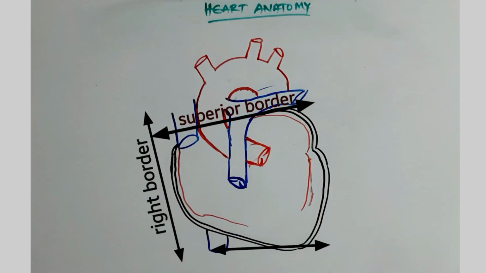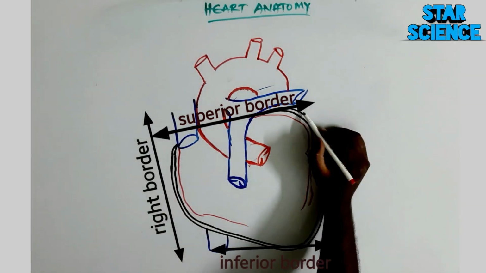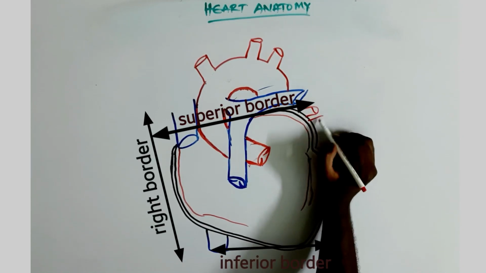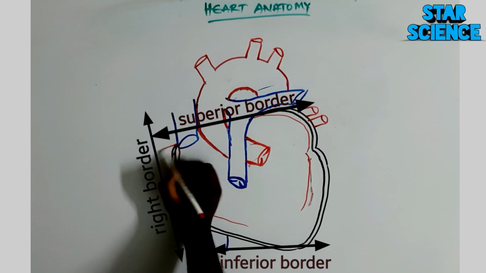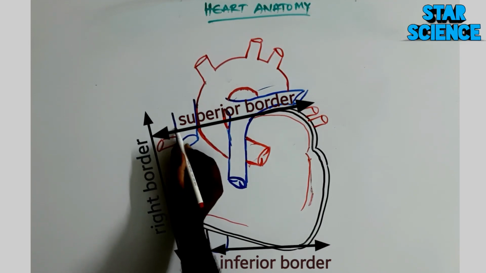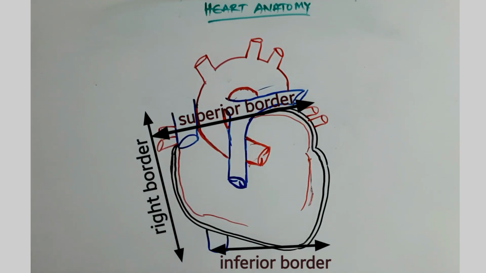Then the inferior border is nearly horizontal and is formed mainly by the right ventricle. A small part of it near the apex is formed by the left ventricle. It extends from the inferior vena cava to the apex.